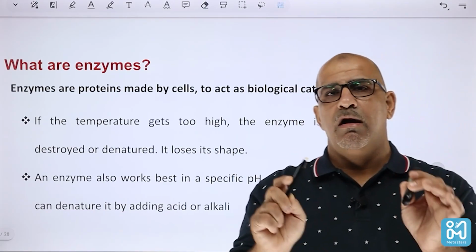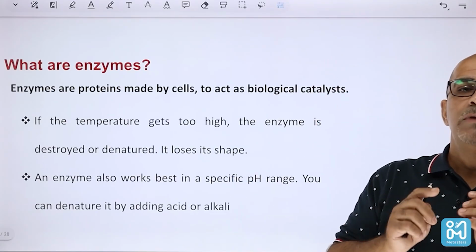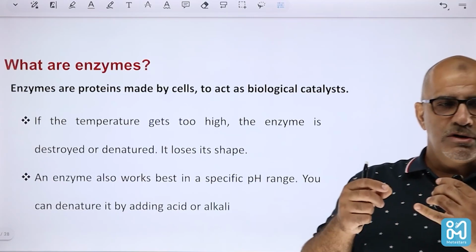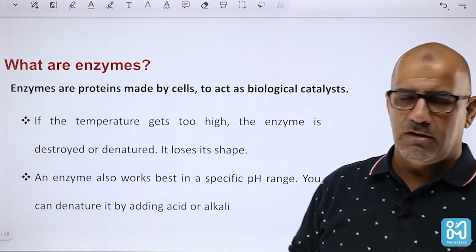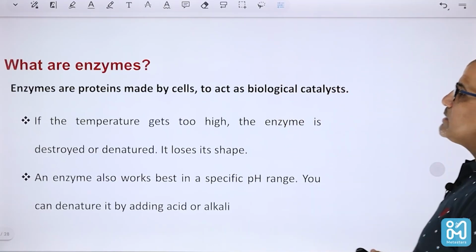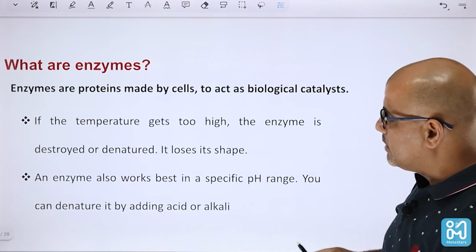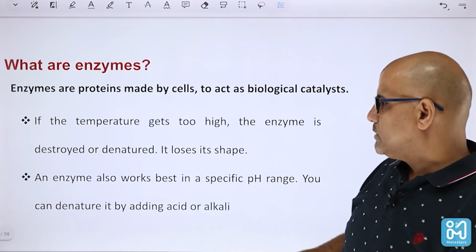Briefly, they are biological catalysts. Why are they biological? Because they catalyze or speed up biological system reactions. Enzymes are proteins made by cells which act as a biological catalyst. They are working at specific conditions.